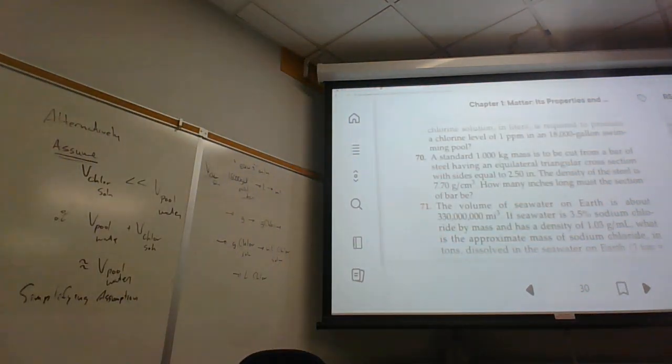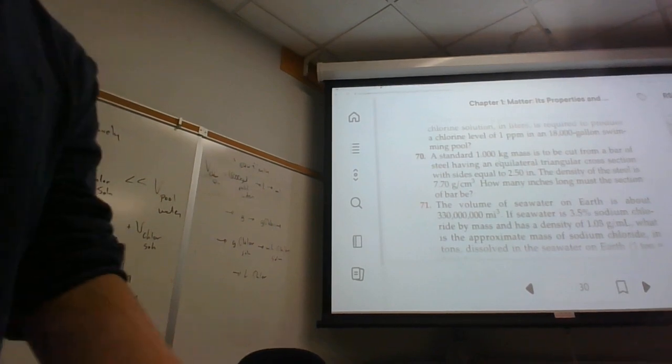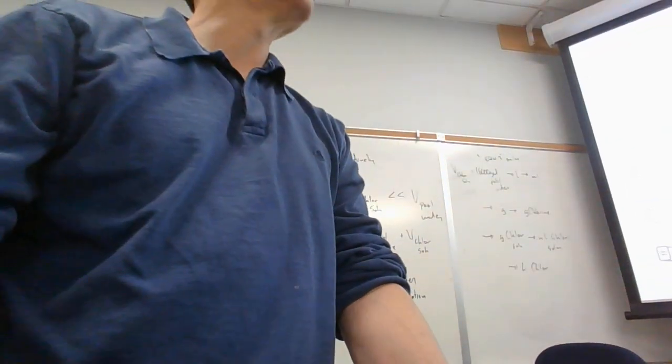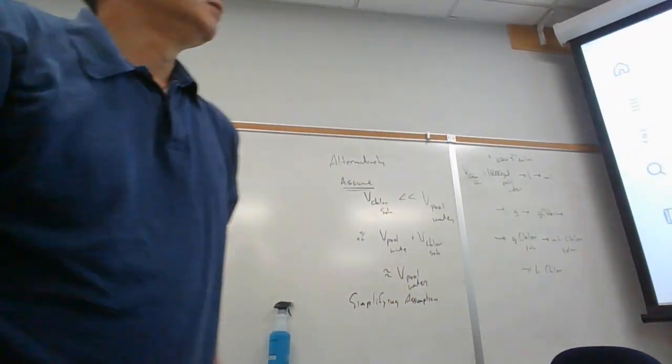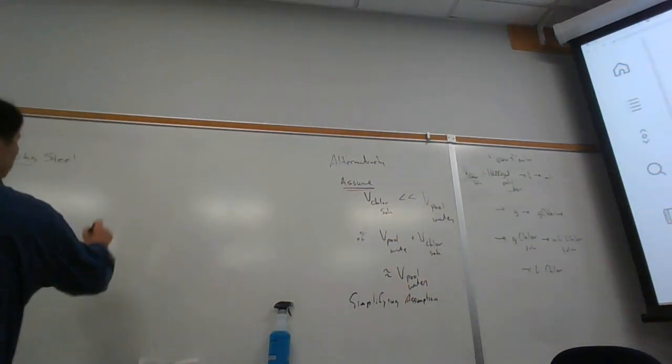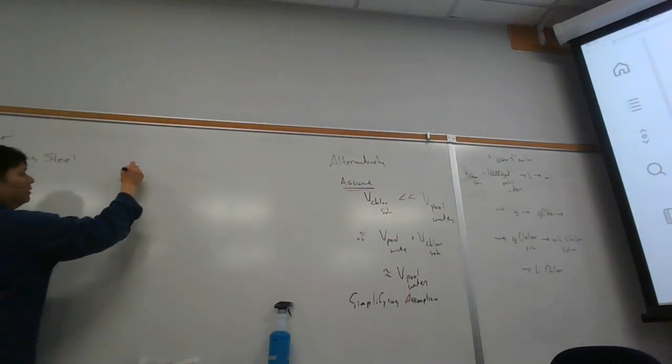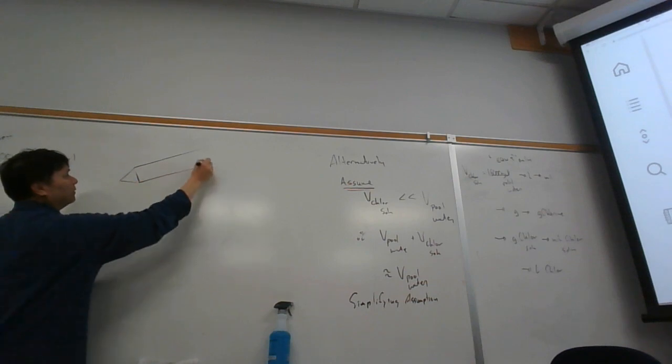A standard 1.00 kilogram mass is to be cut from a bar of steel. So 1.00 kilograms, that's extensive here, so it's fixed. This is usually what we're given. Sometimes our given is an intensive, like a ratio. But most of the time our given is going to be an extensive, some amount. It's going to be a bar that's triangular, like this.